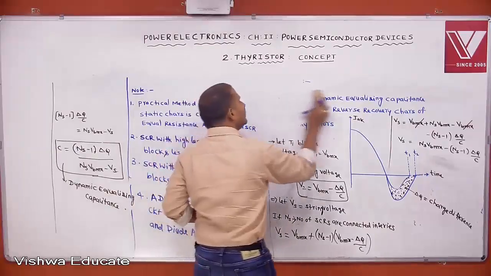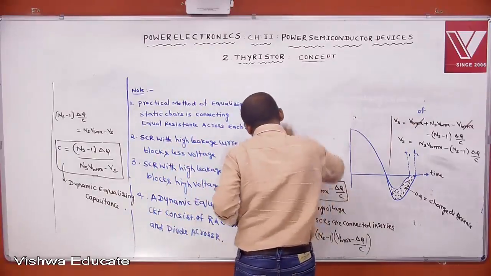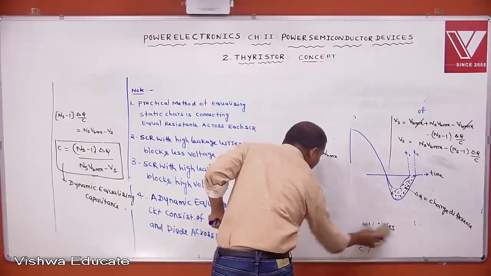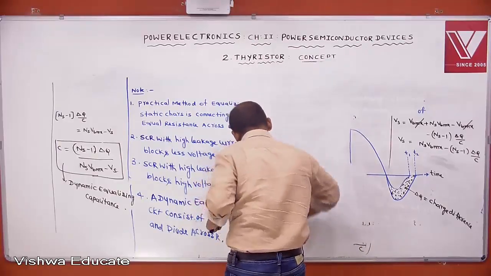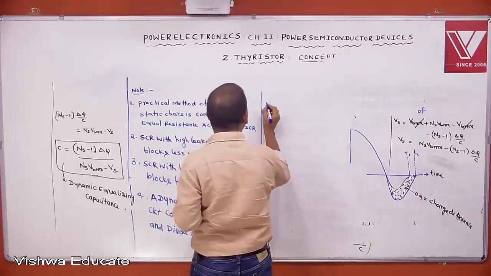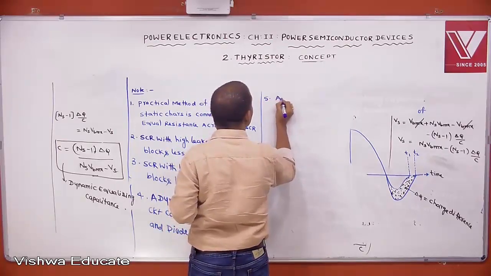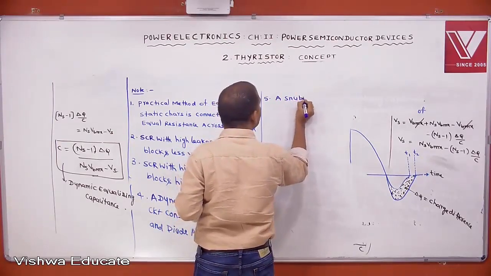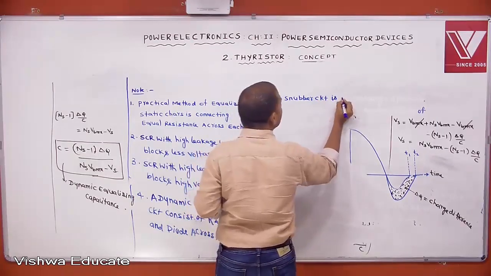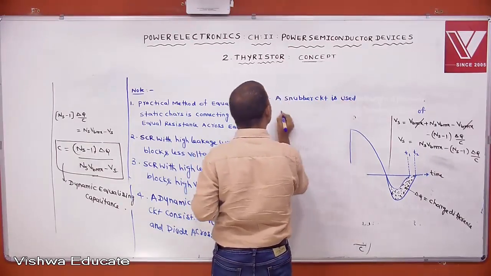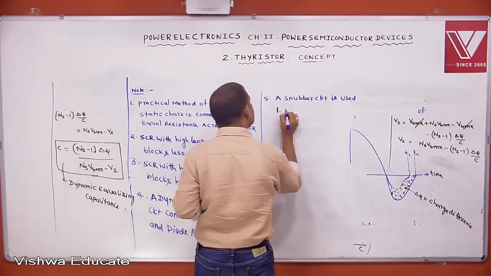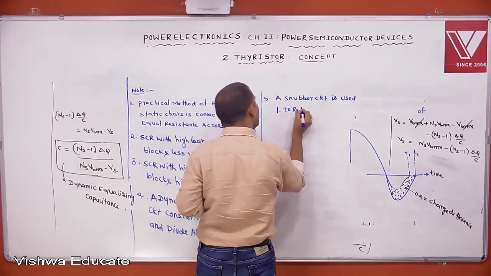Another point to remember here: a snubber circuit is used. I already gave this in terms of application also, but once again I am listing it out here. A snubber circuit is used to reduce dV by dt.